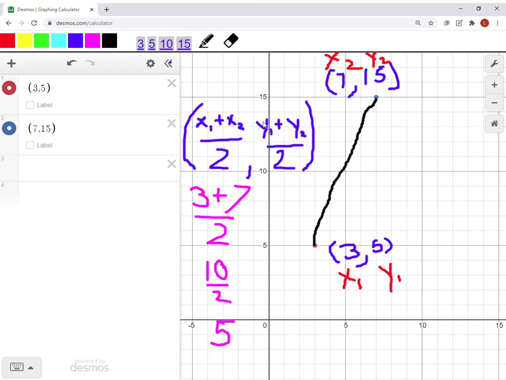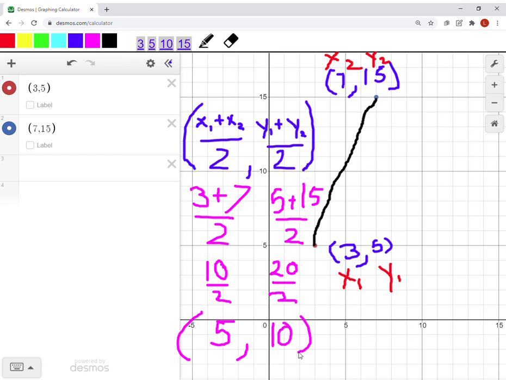For our y-coordinates, we have y1 plus y2, otherwise known as 5 plus 15. 5 plus 15 is going to give us 20, and then 20 over 2 gets us 10. So let's not forget to write this in coordinate form: 5, 10. That's exactly our midpoint, 5, 10. We found the average x, the average y, and we made a coordinate out of them.